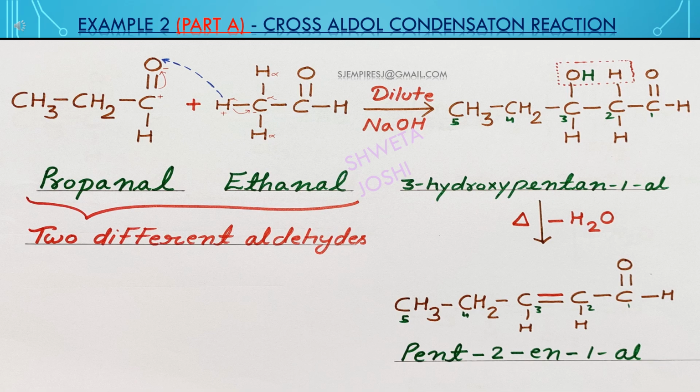So, as we can see here, in this reaction, our first reactant is propenyl and the second reactant is ethanol. So for the first part of this reaction, we are going to migrate alpha hydrogen of ethanol to the oxygen atom of carbonyl group of propenyl, forming 3-hydroxypentane-1-ol as aldol product.